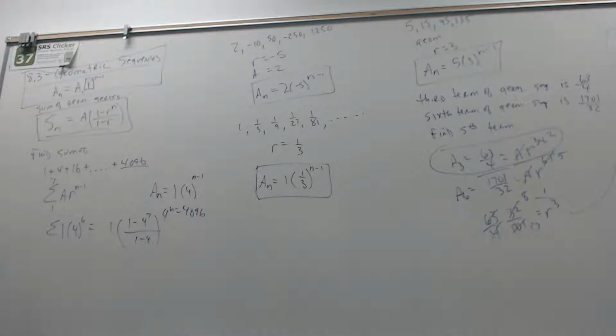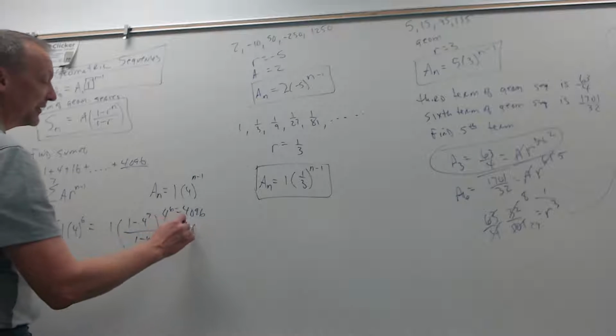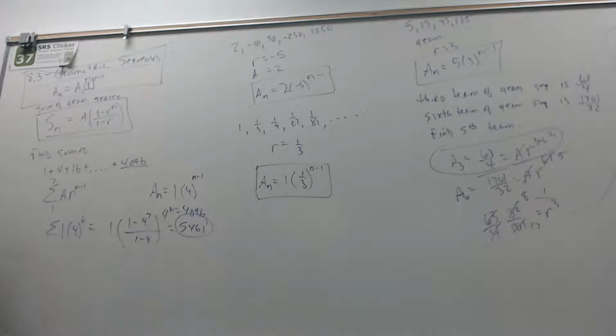Is that how you find the ratio, or the sum? This is how we're going to find the sum. Okay? 4 to the 7th power, I don't know what that is. But clearly that equals 5461. Just plug that in your calculator.